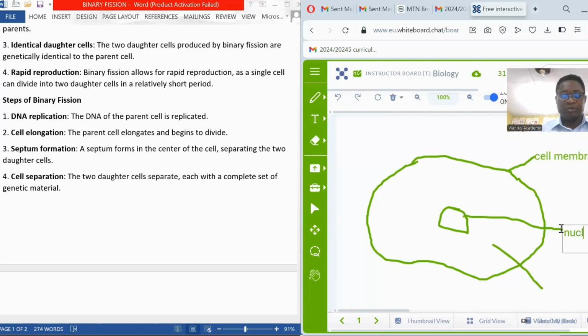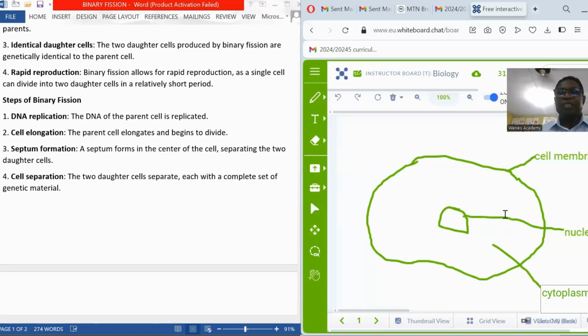The nucleus, and the cytoplasm. Now, in the amoeba cell, there's DNA replication. That means the parent cell is replicated. Replication means having a semblance of a particular cell.